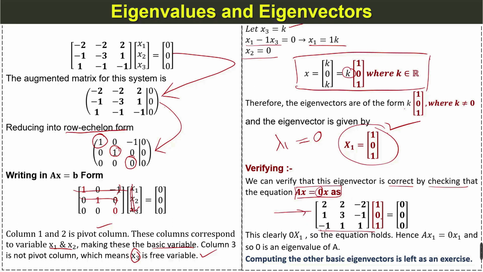This is the matrix A, this one is the eigenvector, and after multiplying these with each other, we get the 0 vector. This is clearly 0 times x, so the equation holds. Hence A times x1 equals 0, that is lambda times the eigenvector x, and so 0 is an eigenvalue of the matrix A.